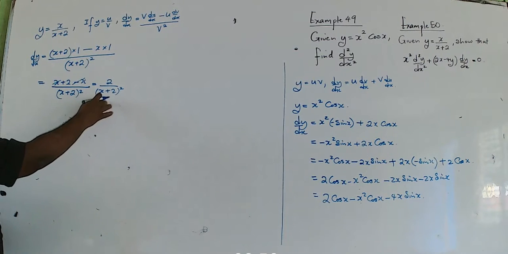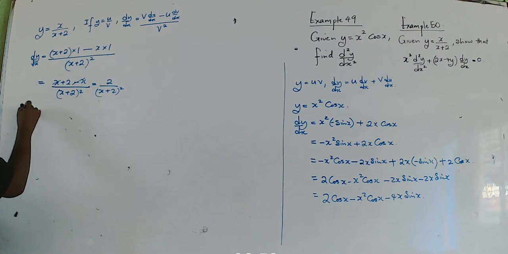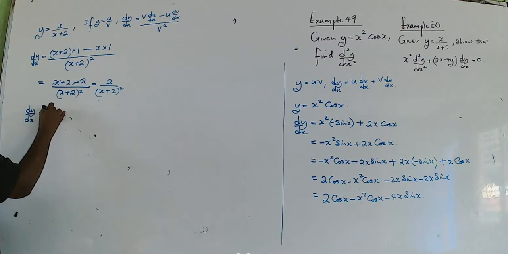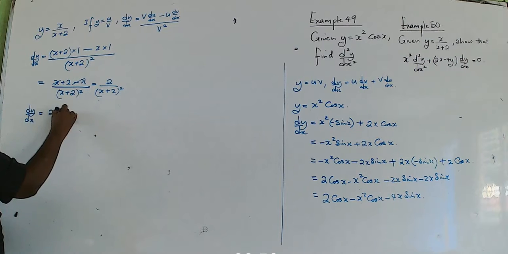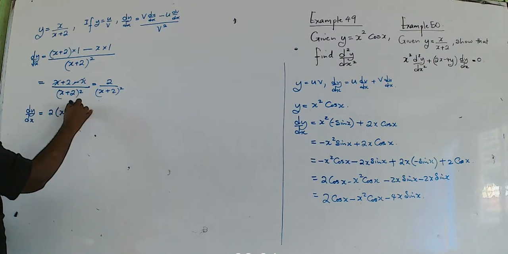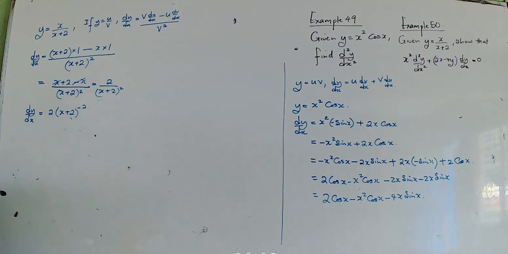So I'm going to start by writing this first in a different format. dy by dx is equal to 2 times x plus 2 raised to the negative 2 power. So now it becomes a power derivative, or chain rule, where x plus 2 is the inside function. So let's apply chain rule.